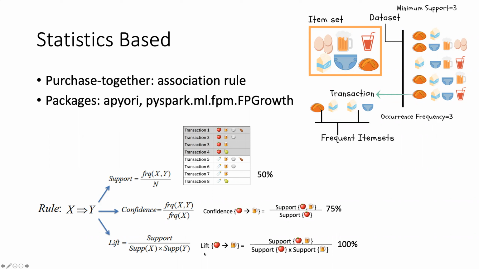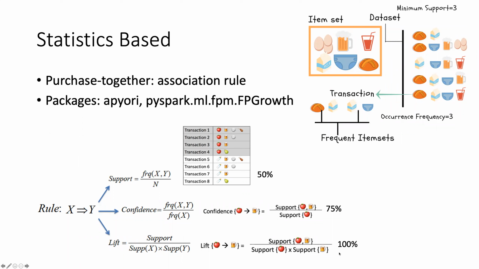And then lift is the most important term here. So lift actually decides the association from one product to another product, which means when people purchase apple, they will purchase beer. So that's the support of apple and beer divided by support of apple multiplied by support of beer.